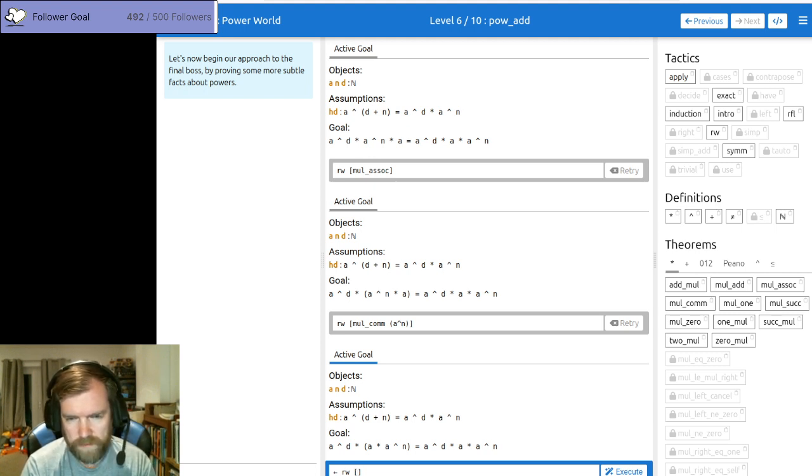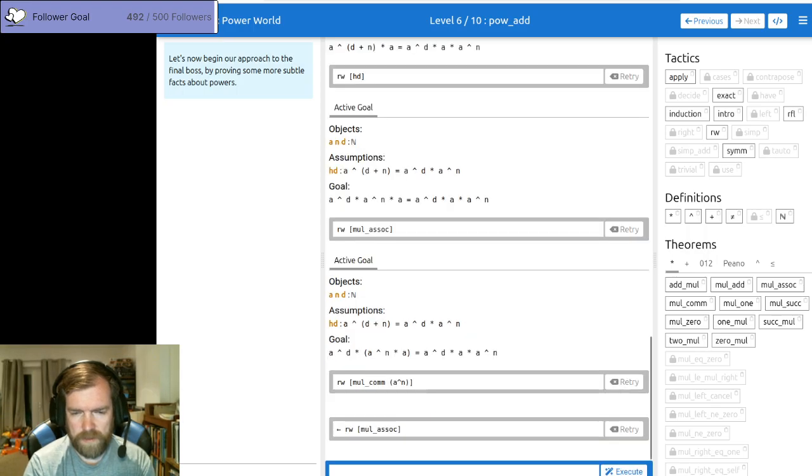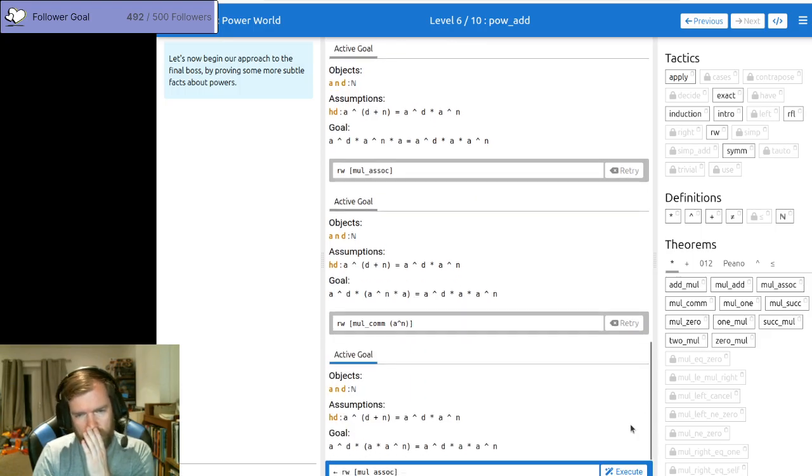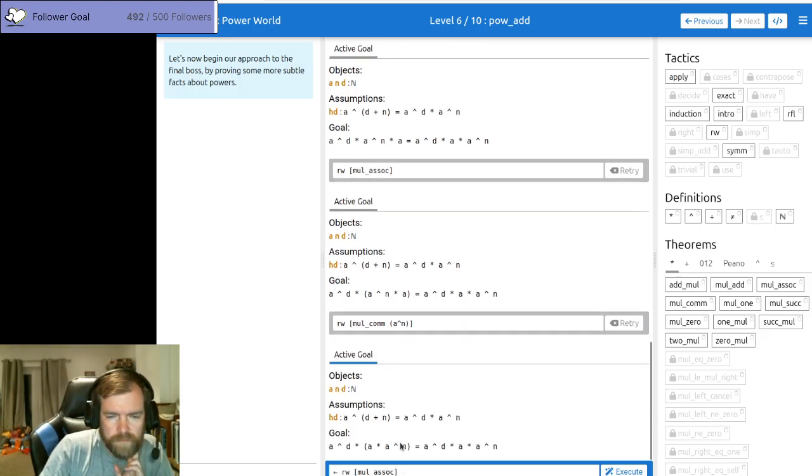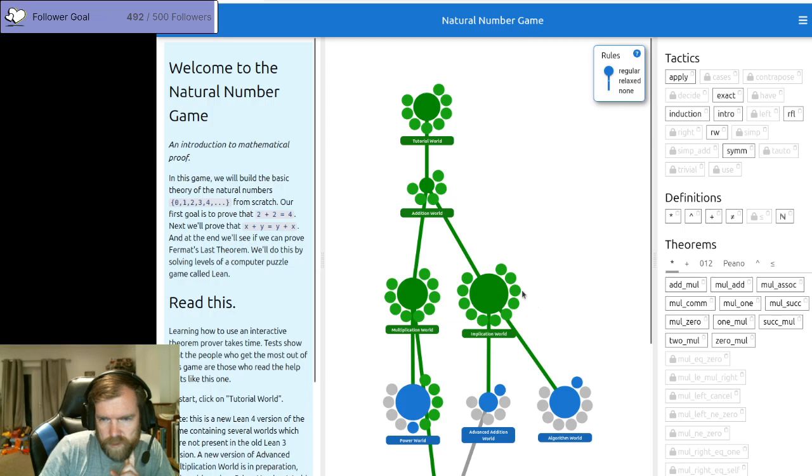I don't know exactly if this is the right place to put it, but you know what? Close enough. Multiplicative associativity. Nope. Okay, where are we? Which one's going to be the left?